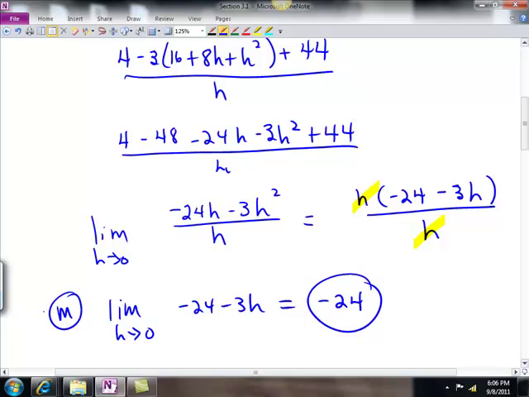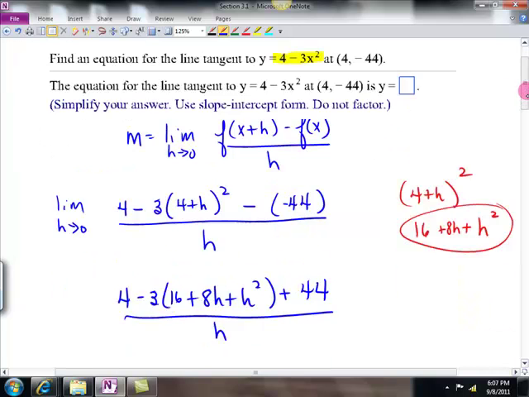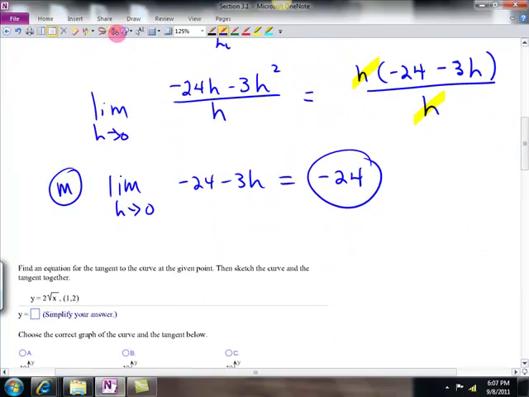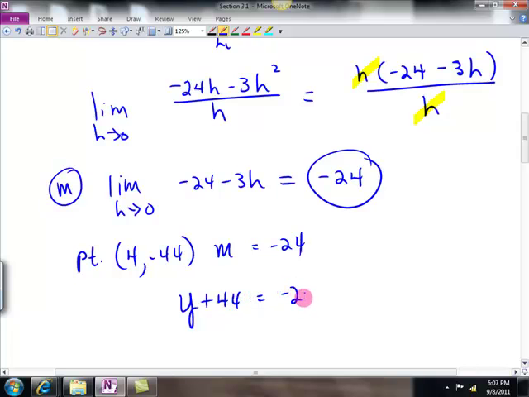Once you have the slope, you use that point-slope formula to write the equation of the line. What was the point we were given? 4, negative 44. So our point is 4, negative 44, and m is negative 24. So y plus 44 equals negative 24 times x minus 4. And then you just got to clean it up.